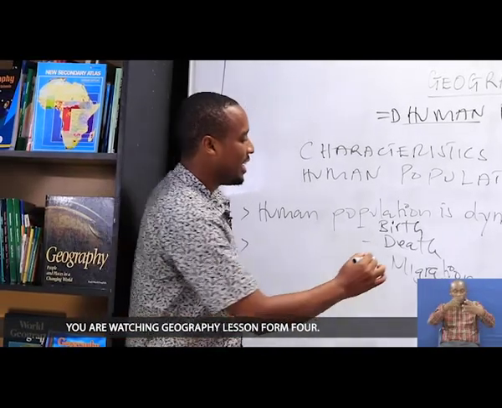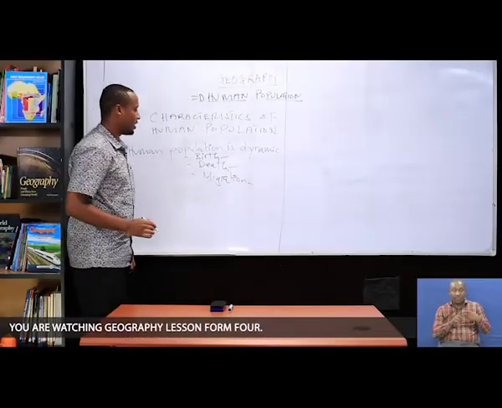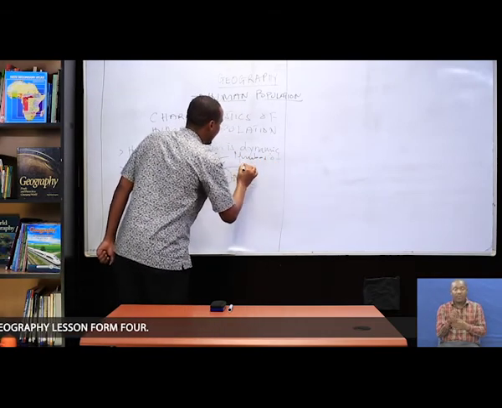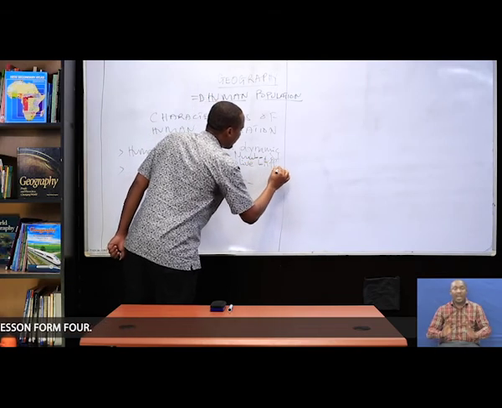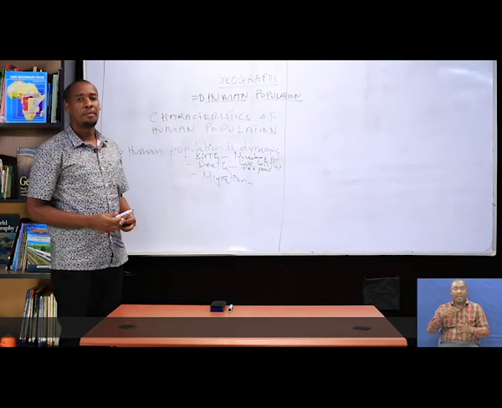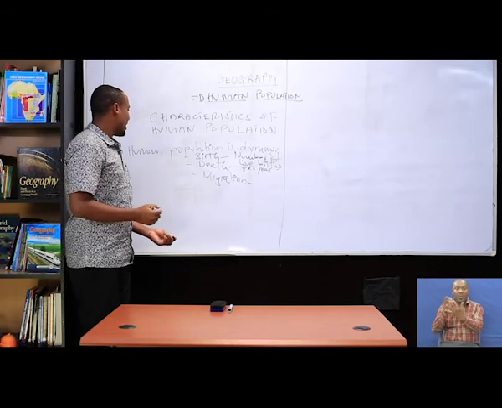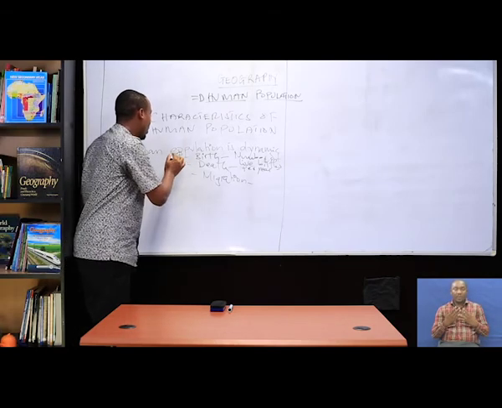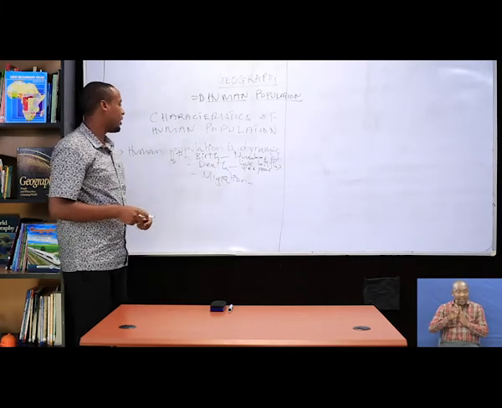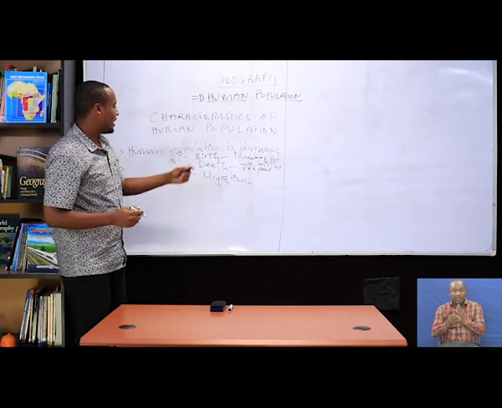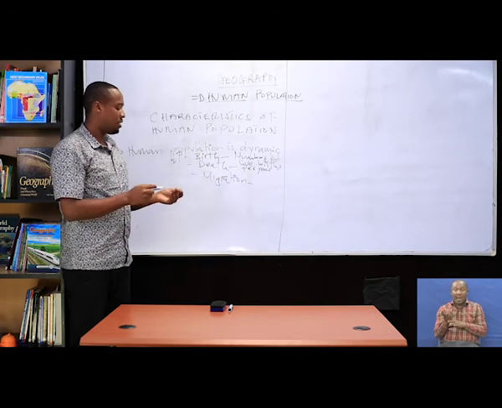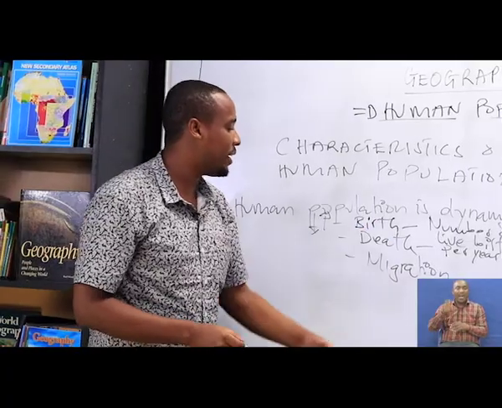Birth here focuses on the number of live births per year per thousand of the population. When the birth rate is high or low, increasing or decreasing, it can lead to a change in population. The same applies to the death rate, the number of deaths per year per thousand of the population, which can also lead to a change in population.